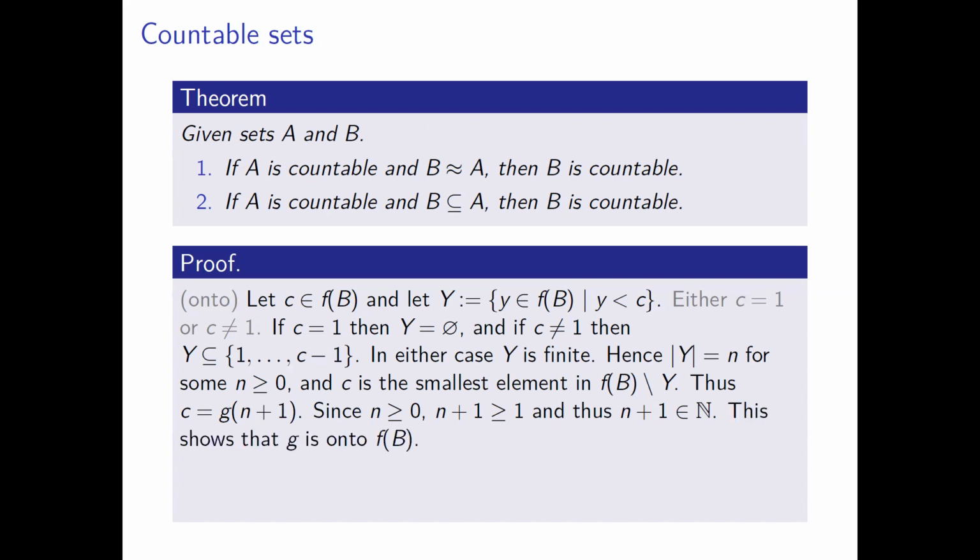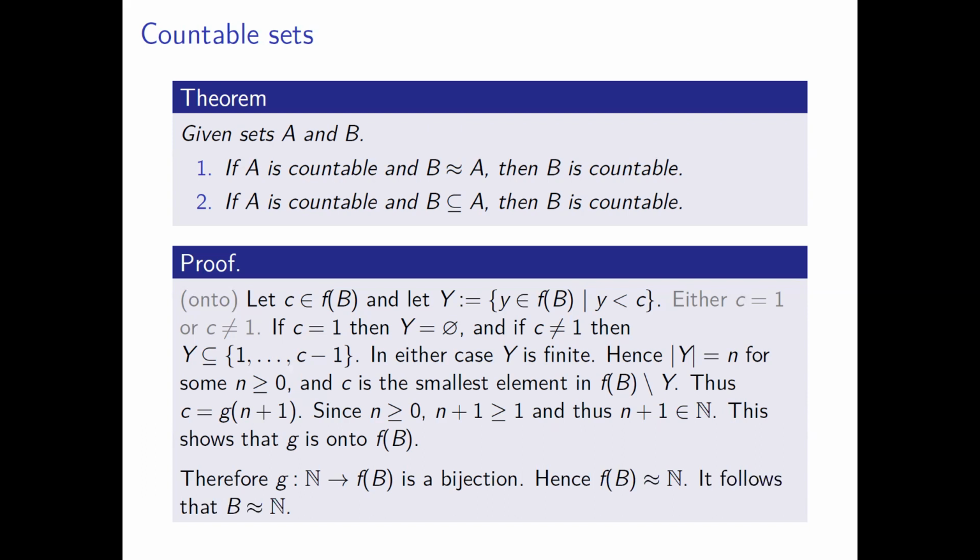This shows that the function g is onto f of capital B. Therefore, the function g is a bijection from the set of natural numbers to f of B. Hence, f of B is numerically equivalent to N. It follows from the transitivity of numerical equivalence that B is numerically equivalent to N. So the set B is countable, which completes the proof of statement 2.